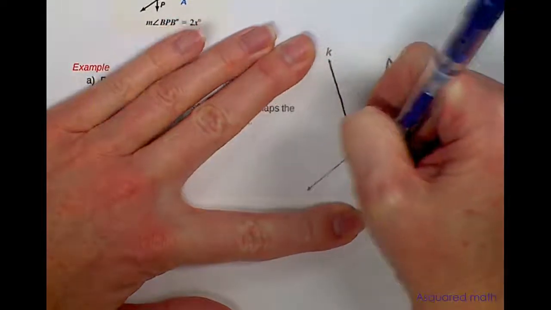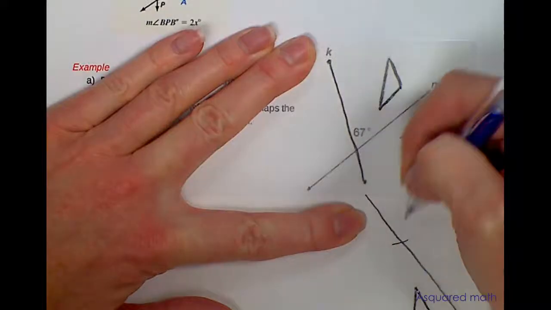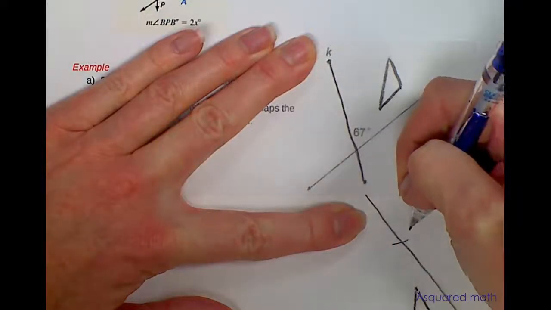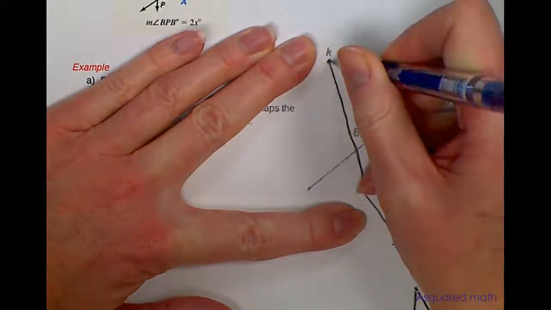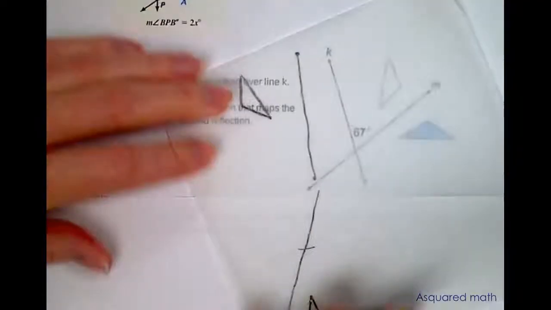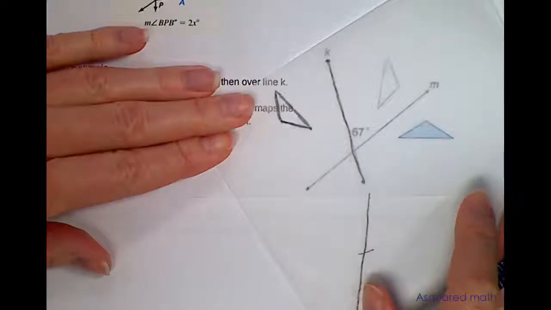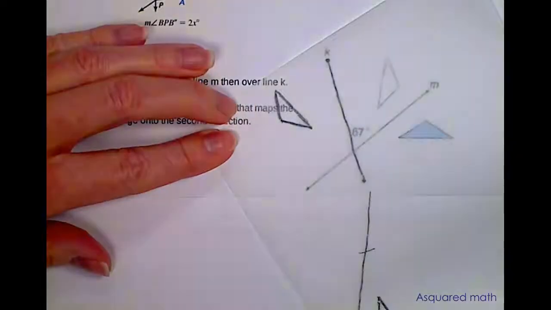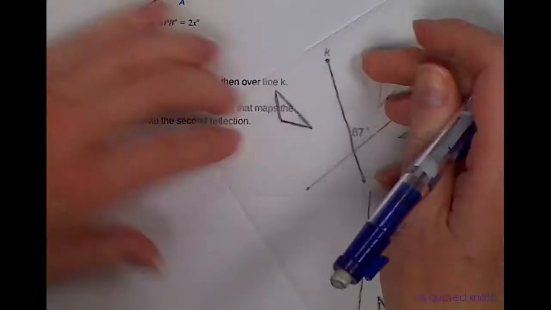You can either draw on the intersection point like I did for the first reflection over M, or just draw on your endpoints and line that back up. Sometimes that's easier to do than drawing in the intersection point.